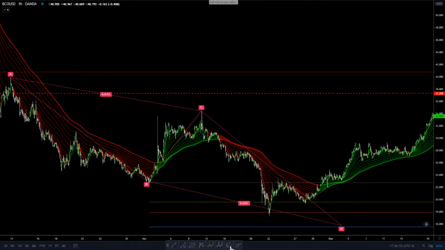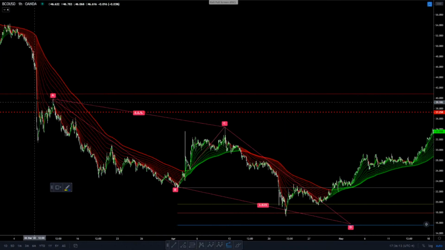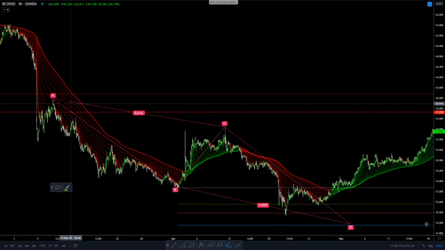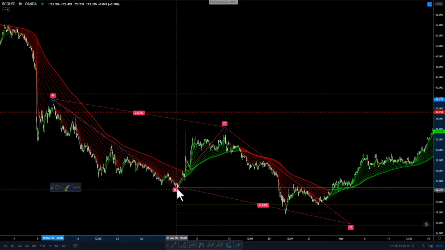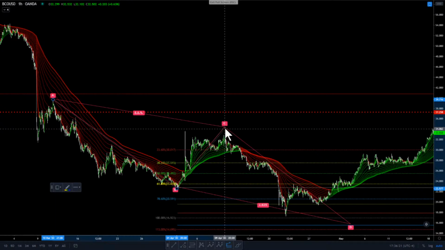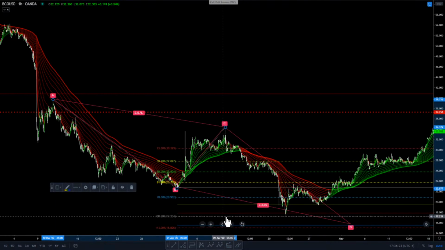We've got our extension tool. We start at the A point, drag her down to the B point, and then all the way to the C. 100% extension level exactly on the bottom point.